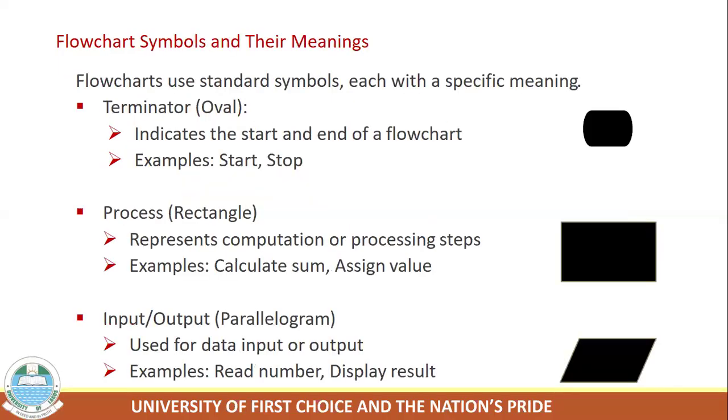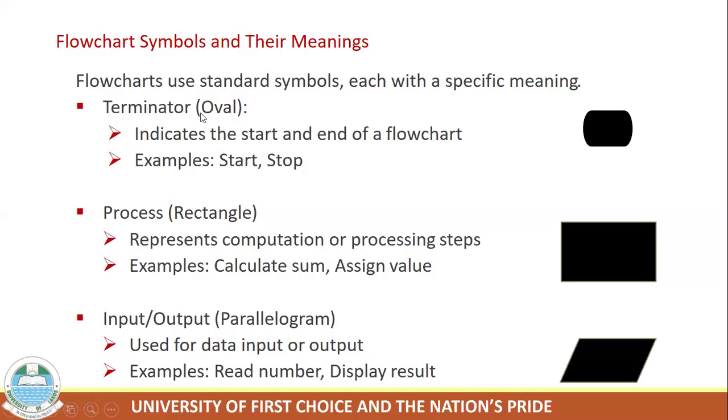Okay, so let's quickly look at very simple flowchart symbols. This does not capture the entirety of the symbols because we have a lot of symbols. These are just basic flowchart symbols and their meanings. Flowcharts use standard symbols and all of them have specific meanings.